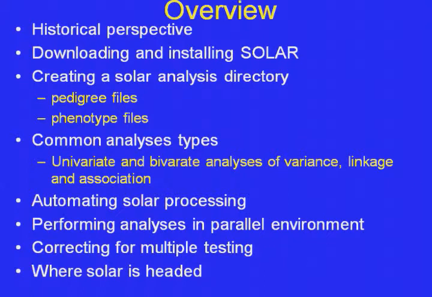I'll spend a bit more time on automating Solar processing and how to perform those analyses in parallel computing environments, which is something that we must do given the large number of traits that we all deal with. Unfortunately, Tom Nichols couldn't be here because he was working on the part describing the correction for multiple comparisons, but hopefully next year. And then I'll talk about where Solar is hopefully headed.